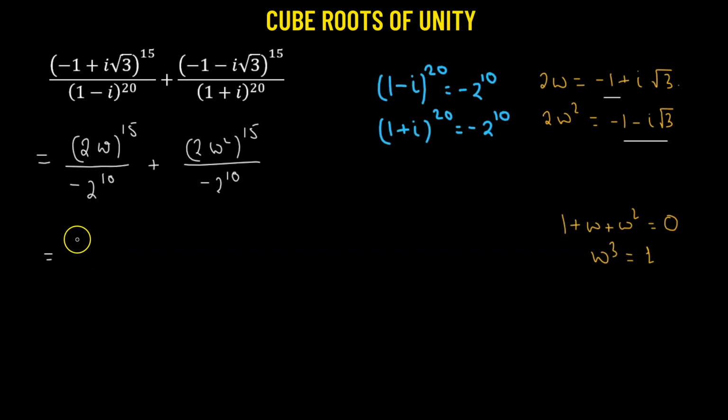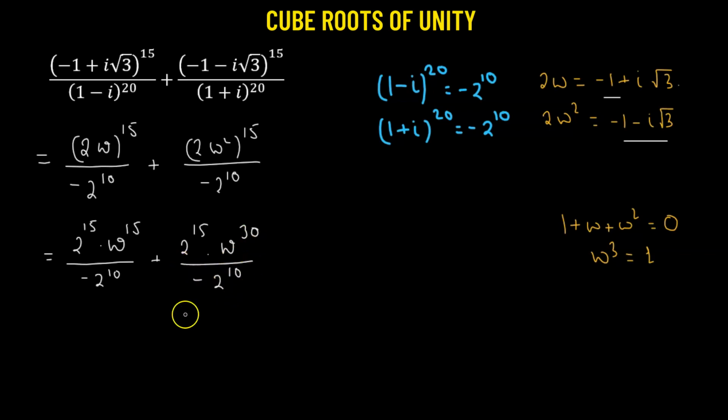So that equals 2 raised to the power of 15 times omega raised to the power of 15 divided by -2 raised to the power of 10, plus 2 raised to the power of 15 times omega raised to the power of 2 times 15, which is 30, divided by -2 raised to the power of 10.